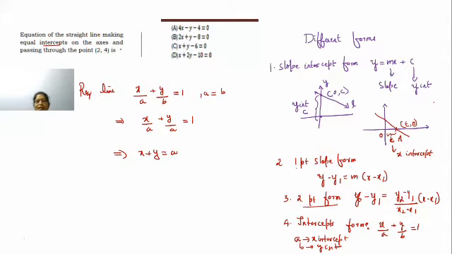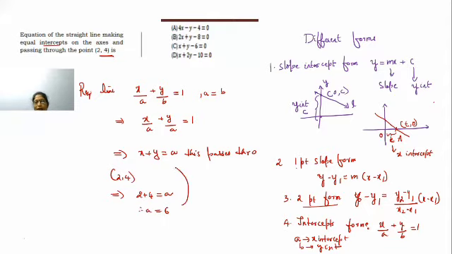This line passes through which point? 2, 4. So substitute, replace x by 2, y by 4. You get 2 plus 4 is equal to a. Therefore, a is 6.